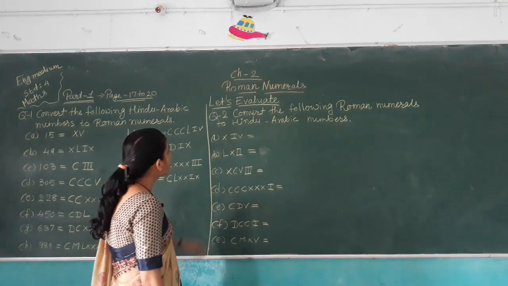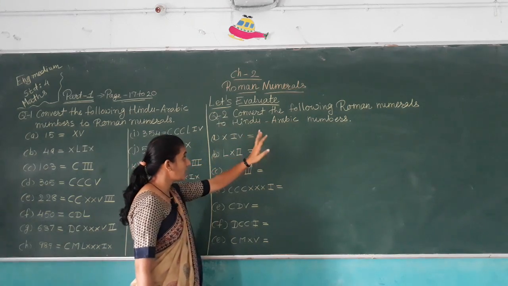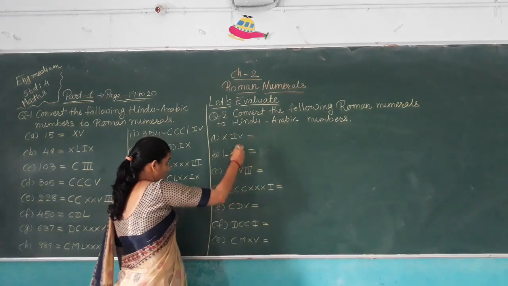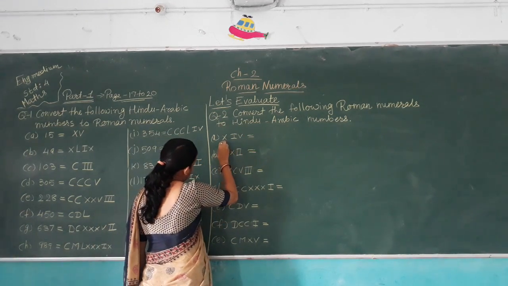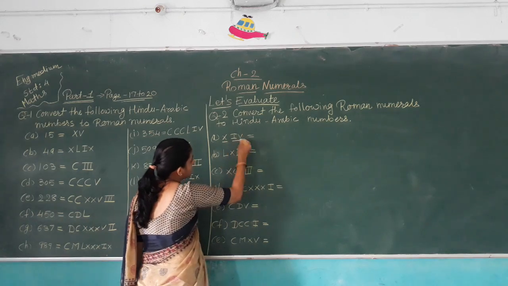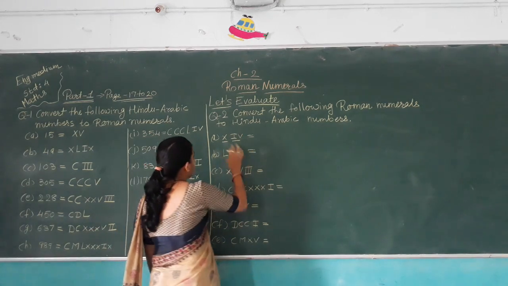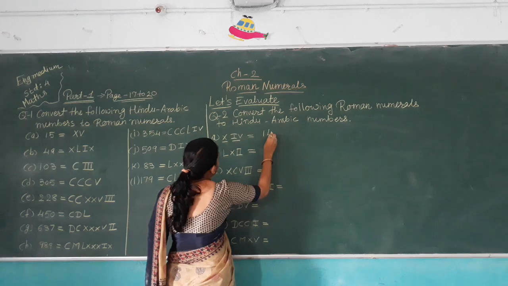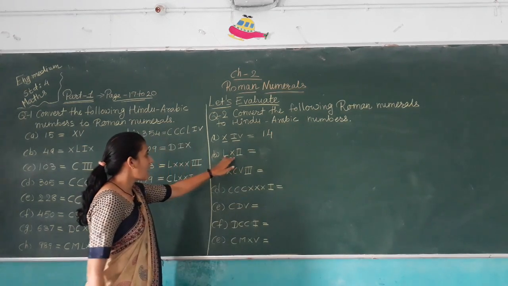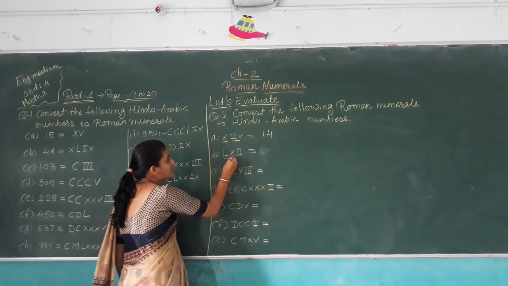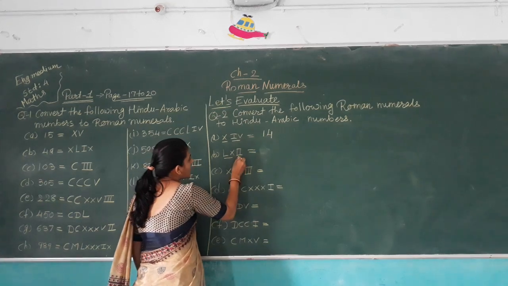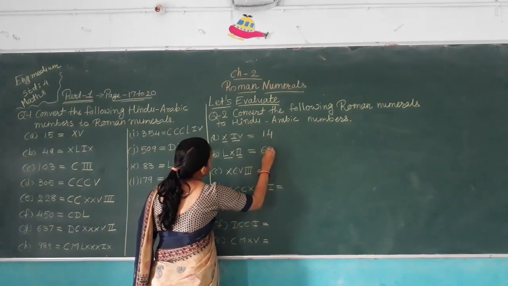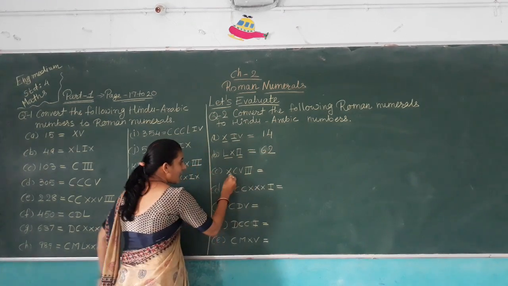Now question number 2. Convert the following Roman numerals to Hindu-Arabic numbers. Look here. First, X is 10, IV means 4. It makes 14. LXII: LX means 60 and II means 2. So it's 62.